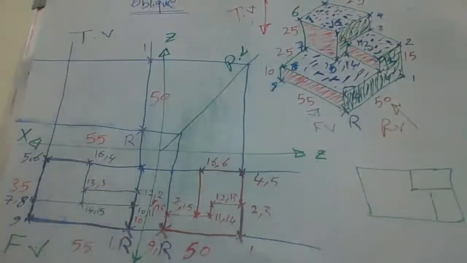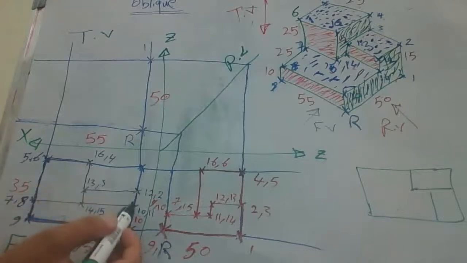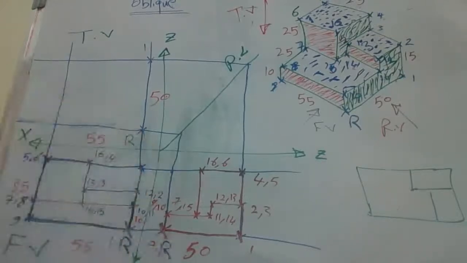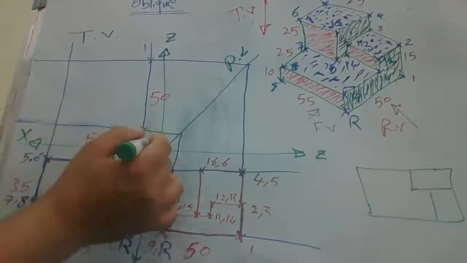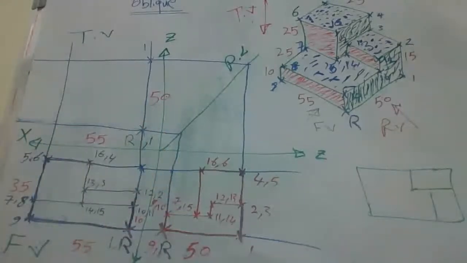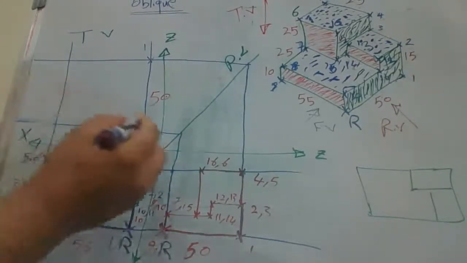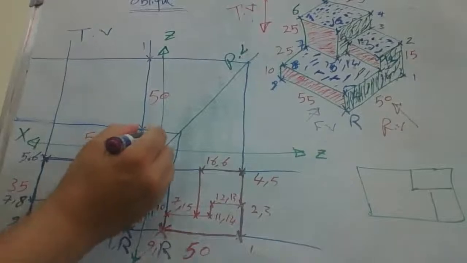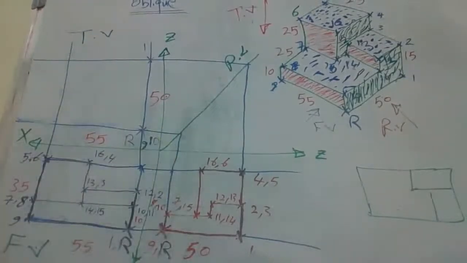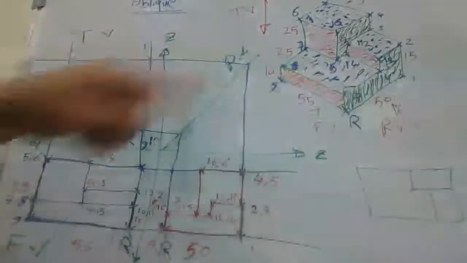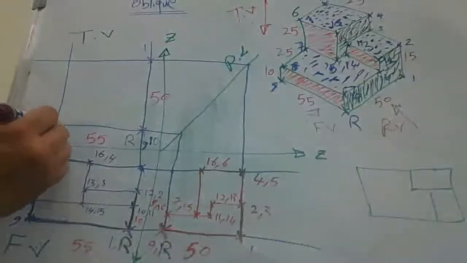Where is 10 from the top view, and where is the 10 here? This is 10 over R, and 8 is here.